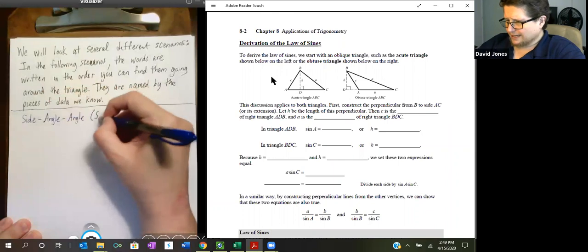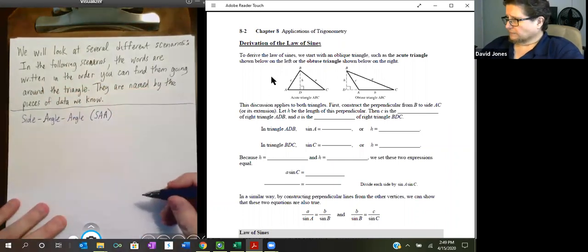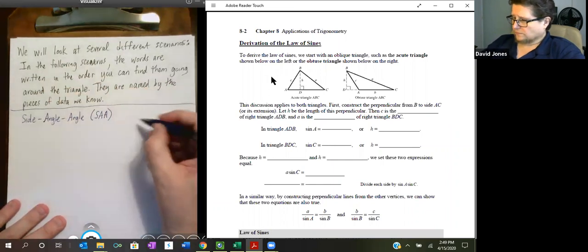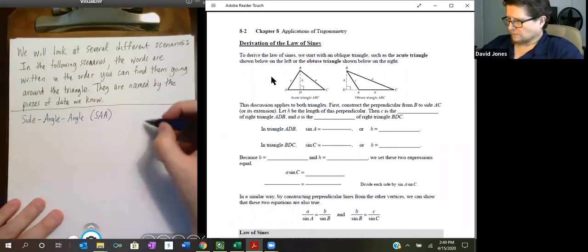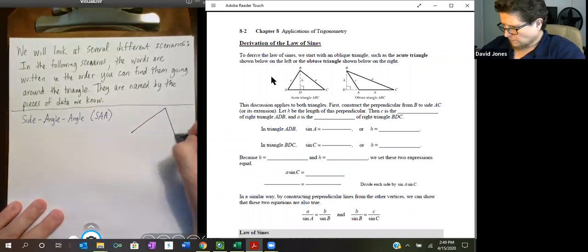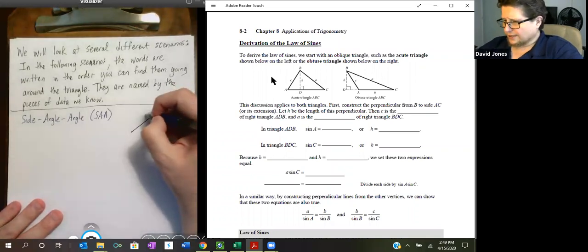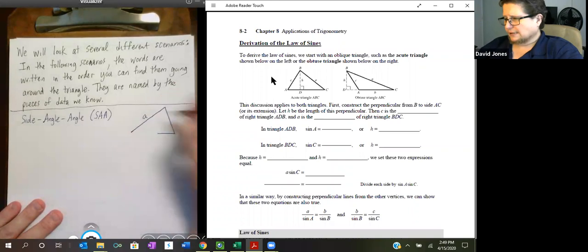They abbreviate this SAA. Let's say I know this side, we'll call it a.